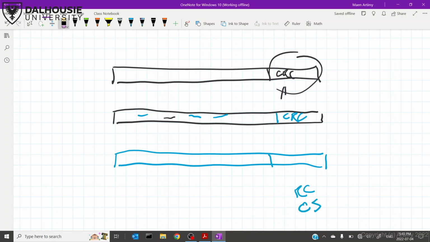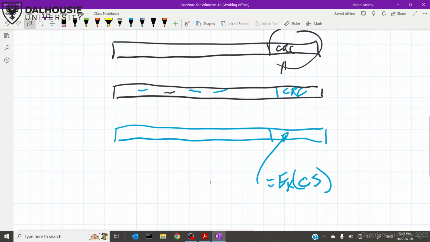So let's create the checksum here. But we don't put it right away in the message. No, we encrypt it first. We encrypt it with a key, and we append the result to the message.